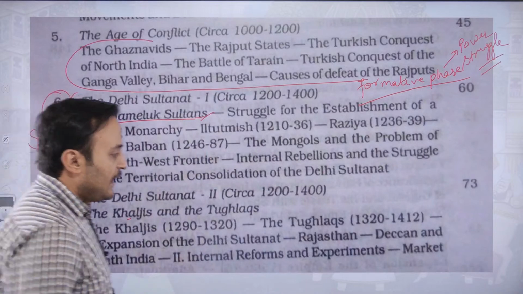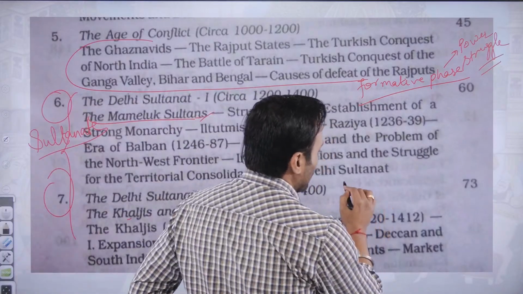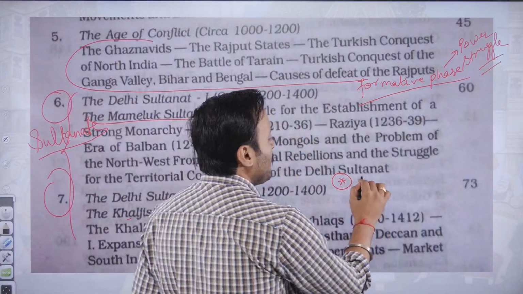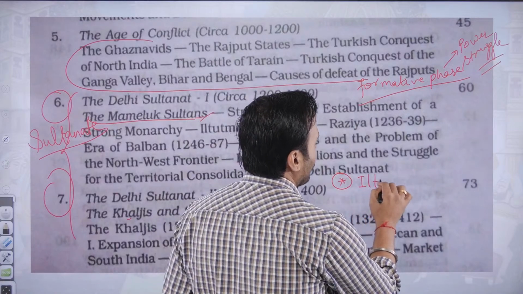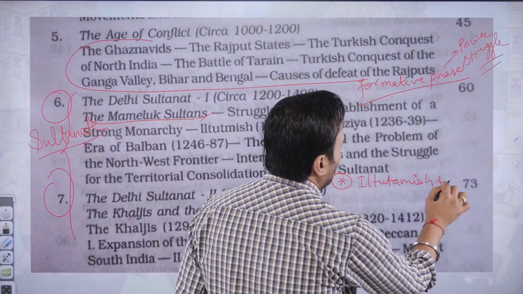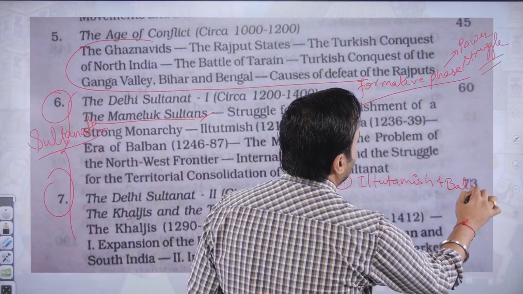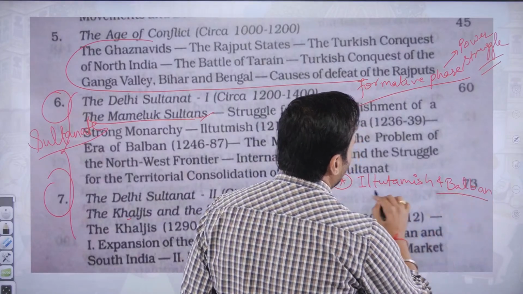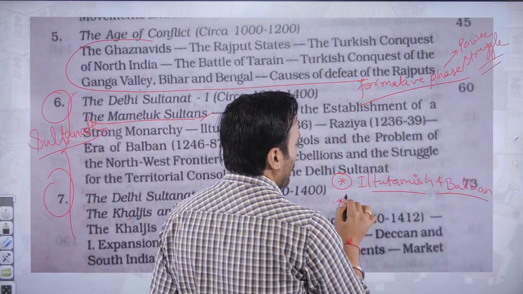Particularly, let me just write down some names who are important. Iltutmish and Balban. These are two important rulers from the slave dynasty.